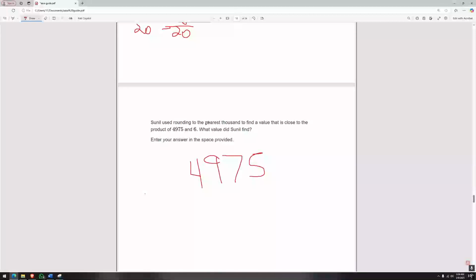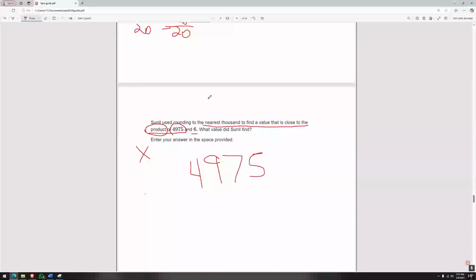First, we have to round to find the value that is close to the product of 4,975 and 6. Remember, when you read the word product, it is multiplication. El producto de is the result of the multiplication. Product is the result of the multiplication. O sea, producto. ¿Cuál es el producto de la multiplicación? Es el resultado de la multiplicación.